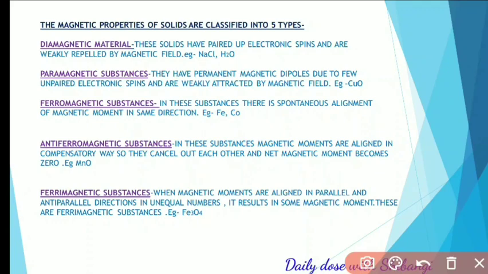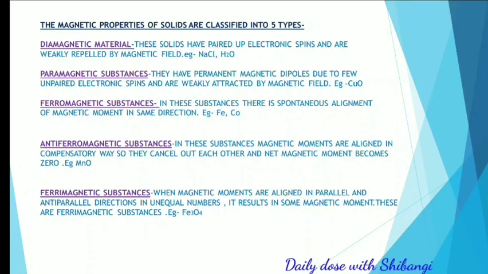The ferromagnetic spins can be shown in this way too. The spins are aligned parallel in a magnetic domain. Examples are iron and cobalt.